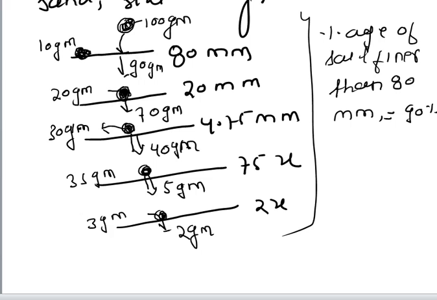Yes or not? Similarly, the percentage finer than any diameter, any size of the soil solid, will be that portion of soil which is finer than that particular size. Hence this is the concept of percentage finer, and this is the only thing which we have to find.